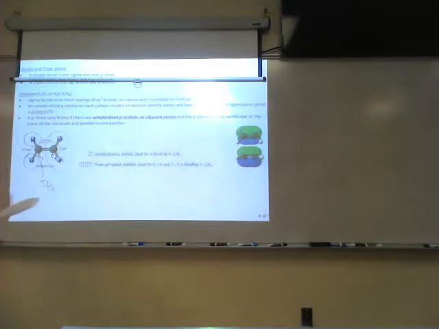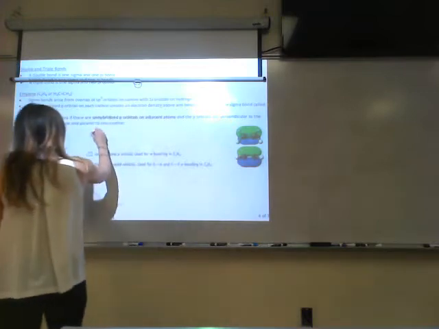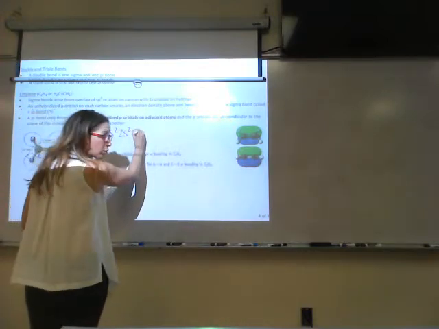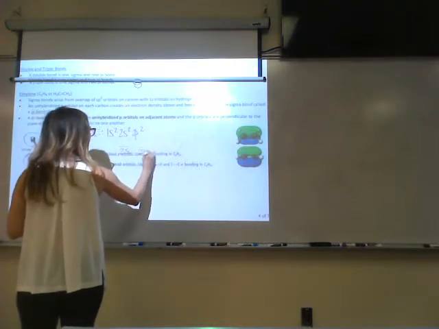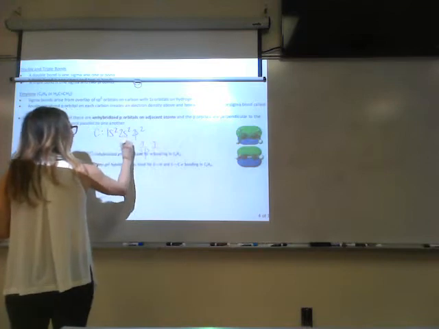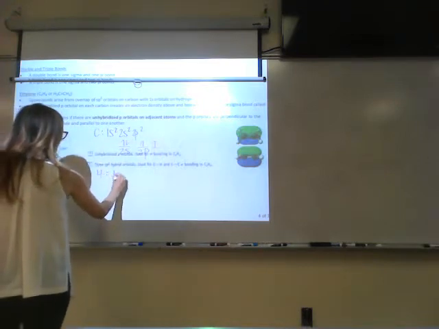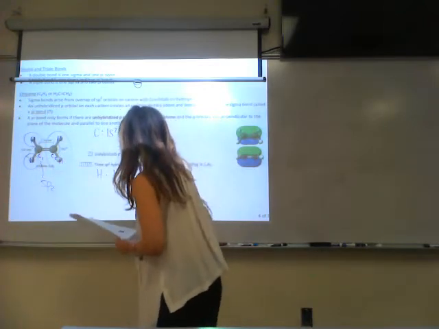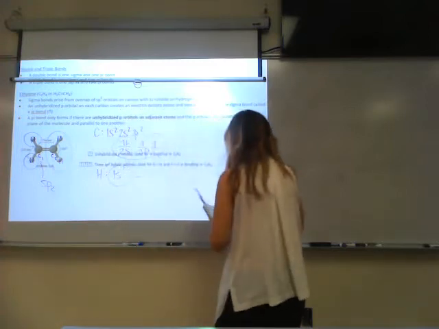So how did we get that? Well, carbon is 1s2, 2s2, 2p2, and it looks like this. And then you've got your hydrogen, which is your 1s1. So what happens is your valence electrons from carbon overlap with the 1s in hydrogen.